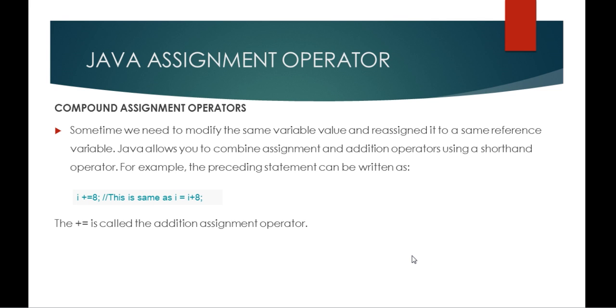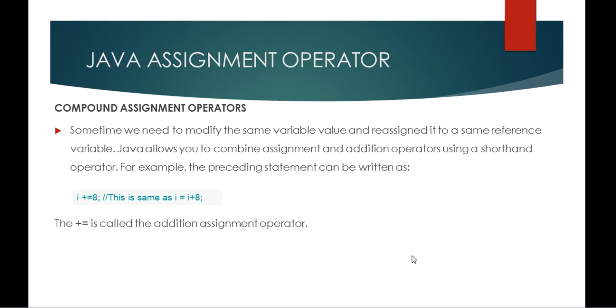We also had what we call the compound assignment operators, or yung mga ginagamit natin para sa shorthand. Sometimes we need to modify the same variable value and reassign it to the same reference variable. So, Java allows you to combine assignment and addition operators using a shorthand operator.